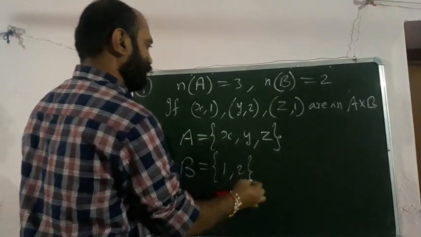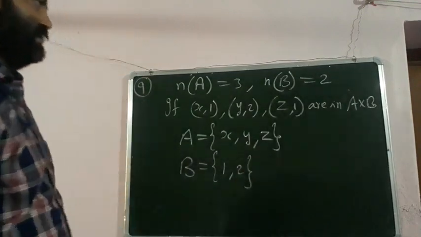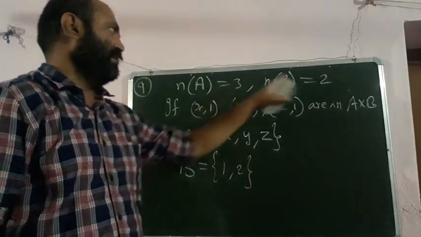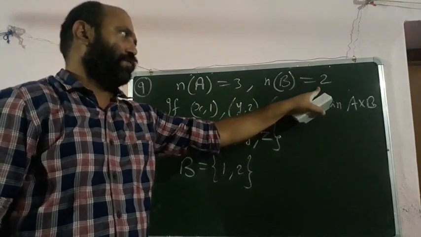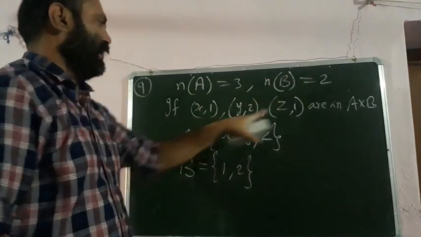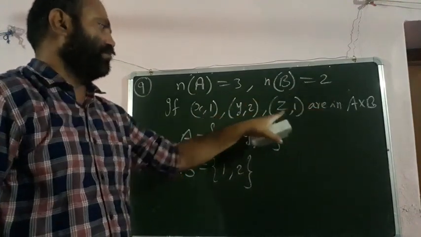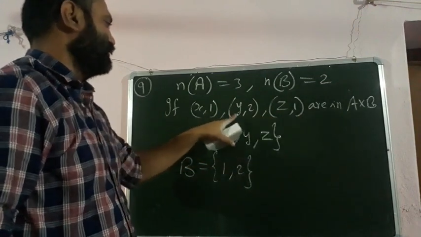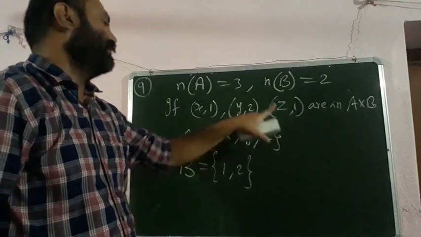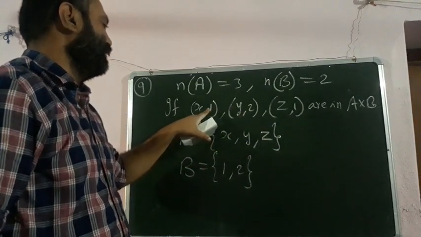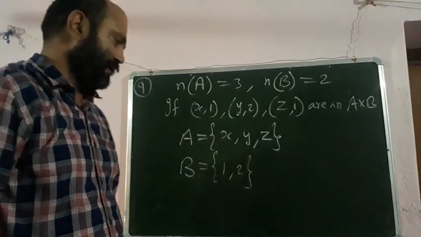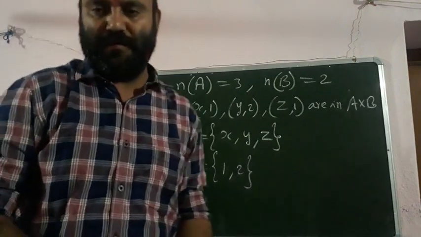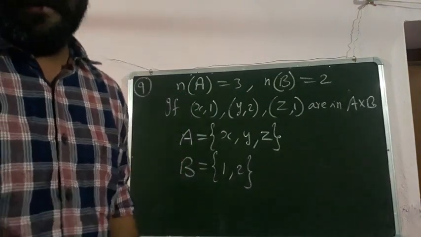So this is the right answer. This is very easy. 3 elements in A, 2 elements in B, ये आपको दिख रहा है यहाँ पे, और A क्रॉस B में 3 पेयर आपको गिवन है. ठीक है जी, 3 पेयर गिवन है तो 3 एलिमेंट्स आपको यहाँ से मिल गए x, y, z और 2 एलिमेंट्स आपको B के मिल गए 1 और 2. ठीक है जी, so this is the right answer. Clear?